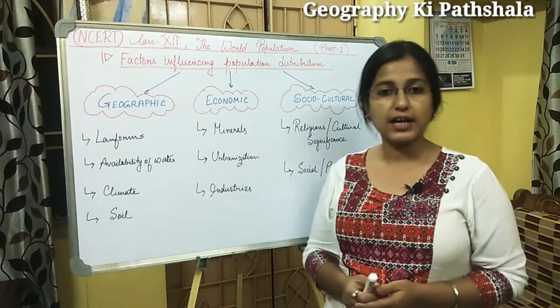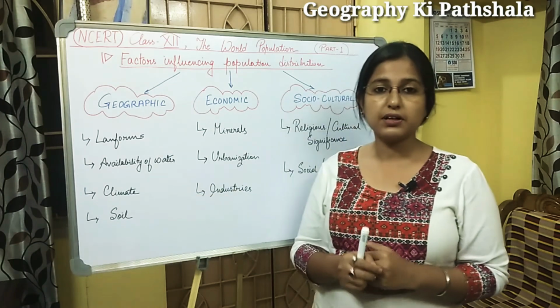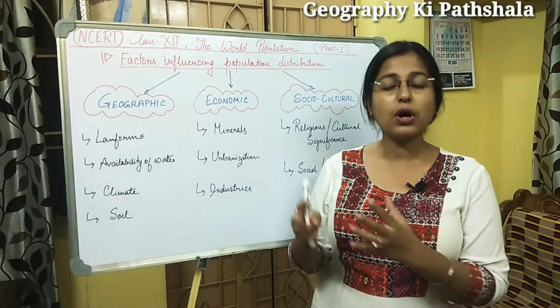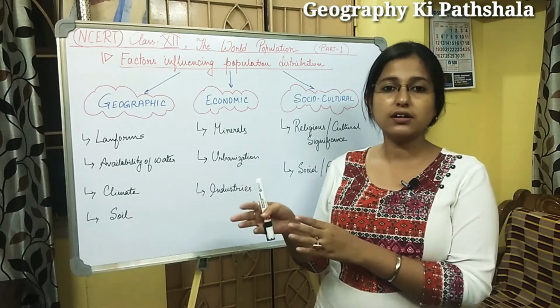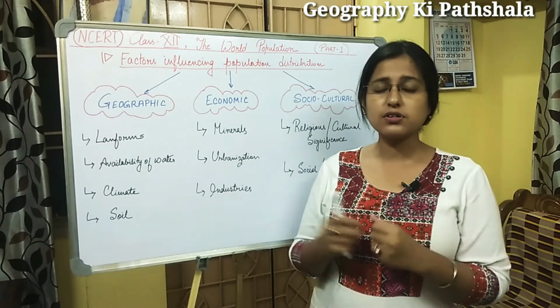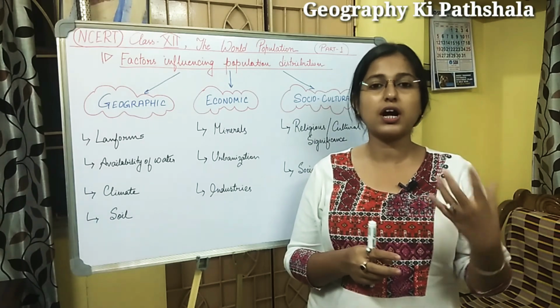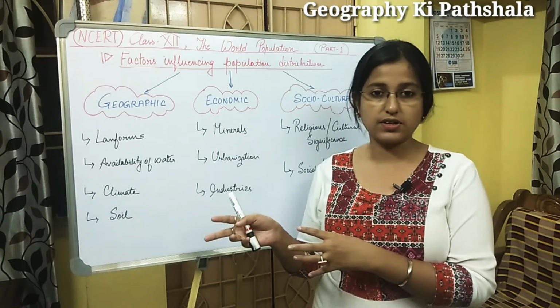Next comes climate. In this we can see that people are neither living in a very extreme kind of climate nor in the equatorial region, because in the equatorial region the rainfall amount is quite high. So we can see that people are not living in the Antarctic region or Sahara region, nor in the Amazon or Congo basin areas, right?